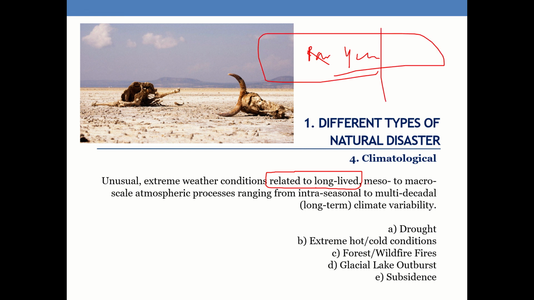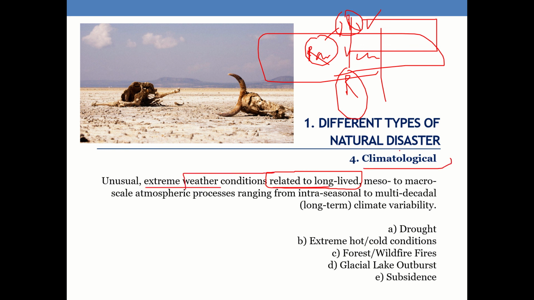So any such event, let's say we are not getting enough rain. Let us say not getting enough rain is a common phenomenon. We will see it with examples when we proceed further. So it can be weather related conditions.